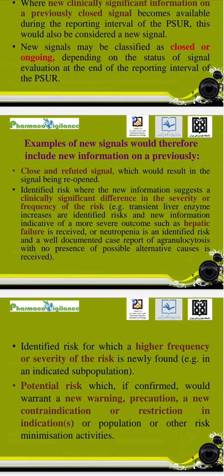For example, transient liver enzyme increase is an identified risk and new information indicative of a more severe outcome, such as hepatic failure, is received; or neutropenia is an identified risk and a well-documented case report of agranulocytosis with no possible alternative cause is received.